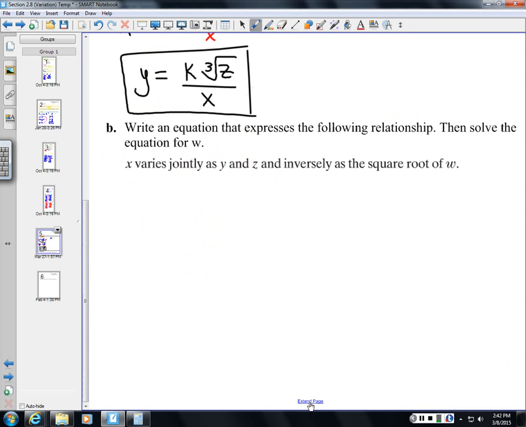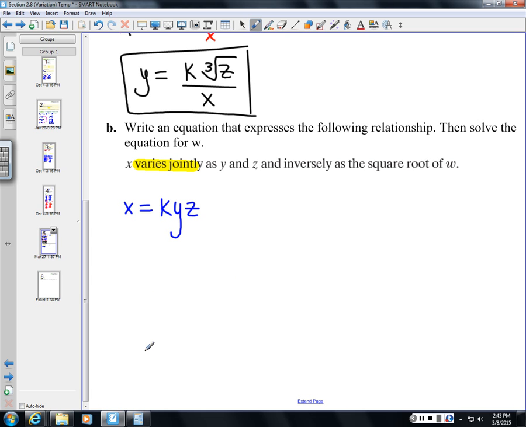Okay, for part B of the same example, same directions. We're going to set it up, and then we're going to solve it for one of the variables. Again, biggest thing is paying attention to your keywords and knowing what they mean. X varies jointly, so x, that's direct, so it's going to be multiplication, as y and z. No square root, no cube root, no square, no exponent.